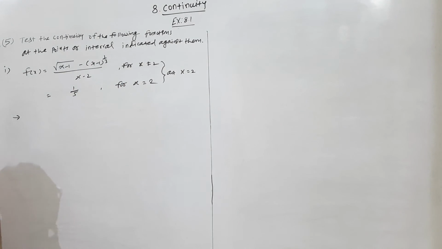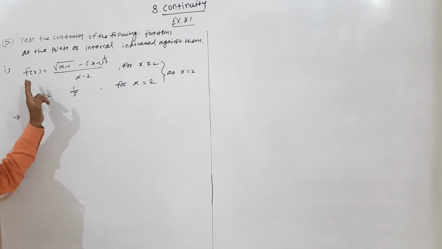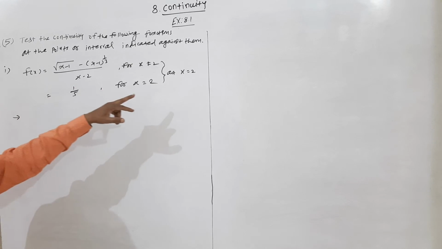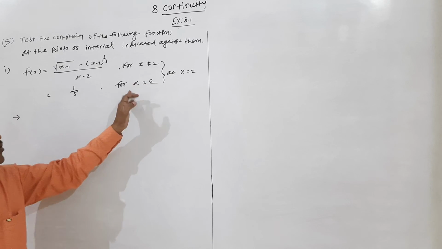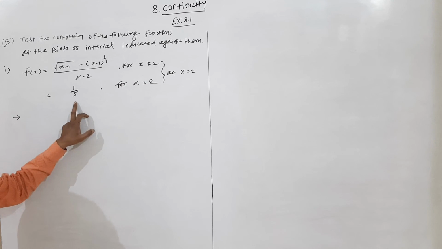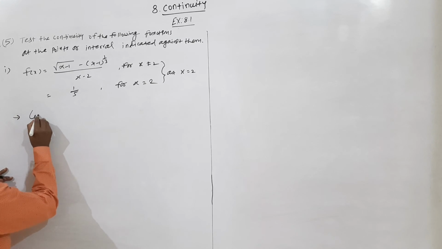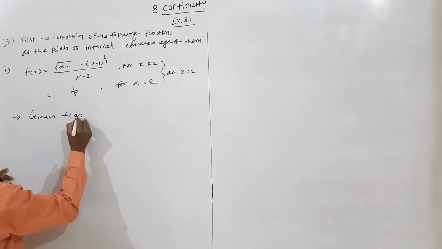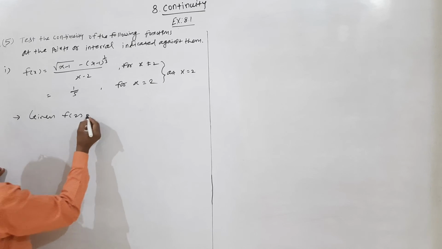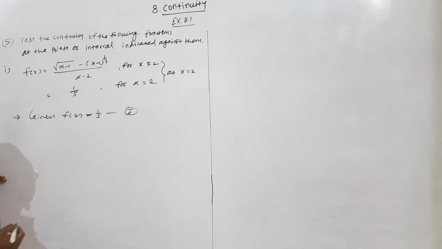Given for x not equal to 2, and for x equal to 2 we have to apply the limit as x tends to 2 to this function, and we have to give the value of f of 2. The function value at that point, f of 2, is 1 by 5. Call this equation number 1. Now we find its limit.